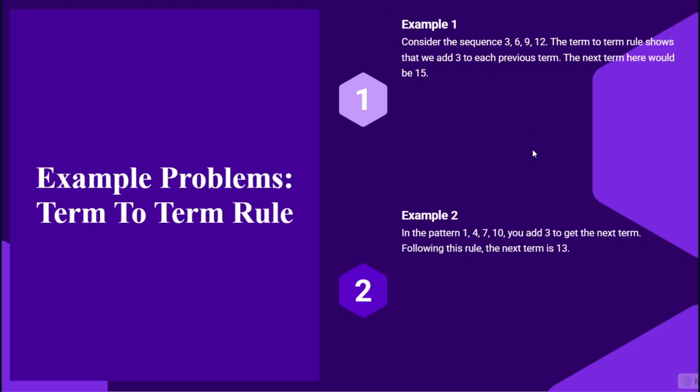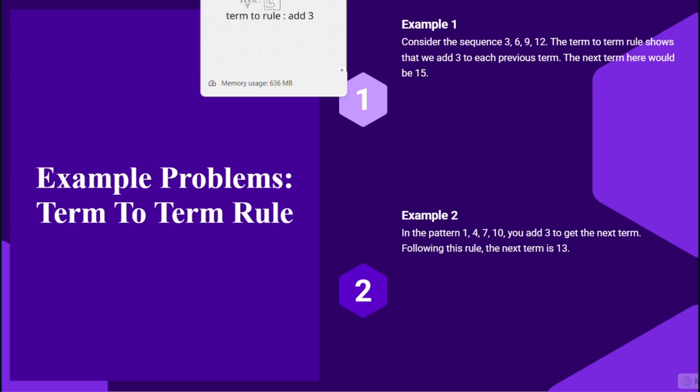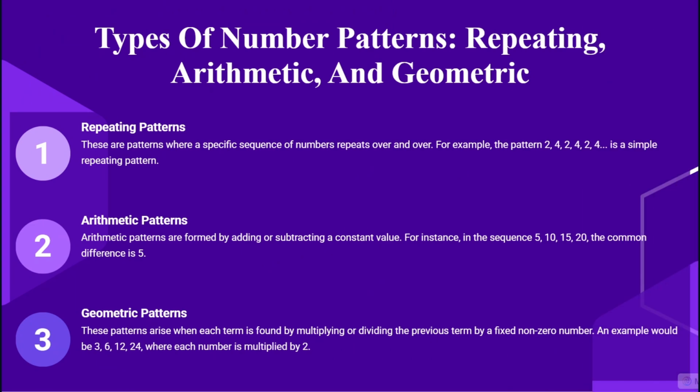You can use the same principle to find the term-to-term rule of other patterns as well. Even in geometric patterns, you can do the same. Let's talk about the geometric pattern that we had right here. 12, 24. Each number is multiplied by 2, right? So the term-to-term rule would be multiply by 2.